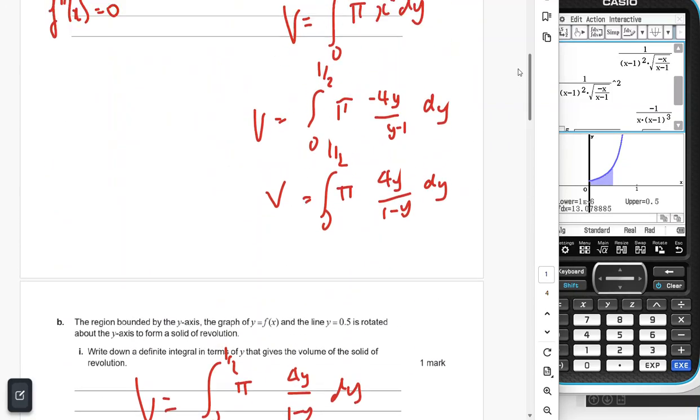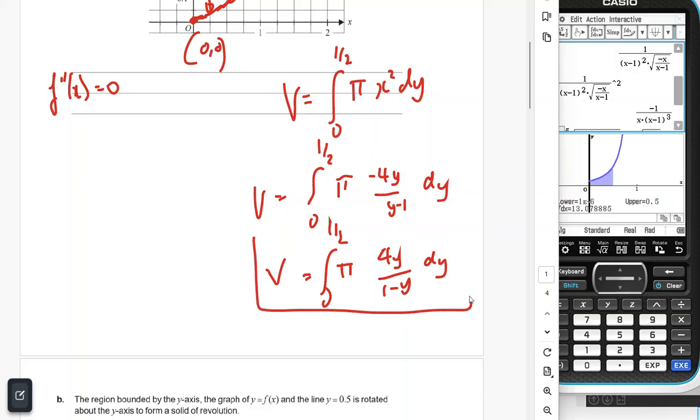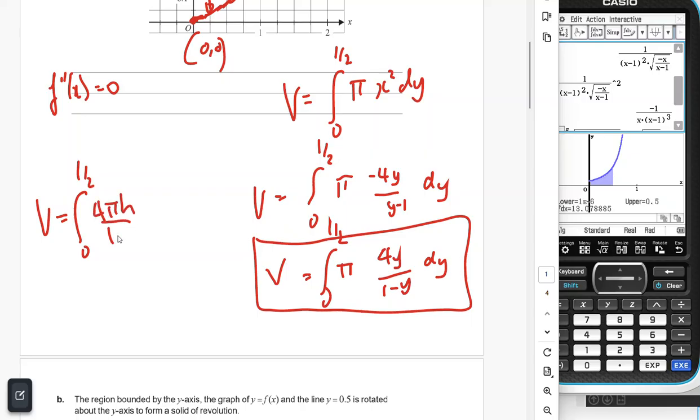Now I know way up here, this was an expression for volume in terms of y. So that's volume from 0 to a half of 4 pi h on 1 minus h dh. So dV/dh is this.